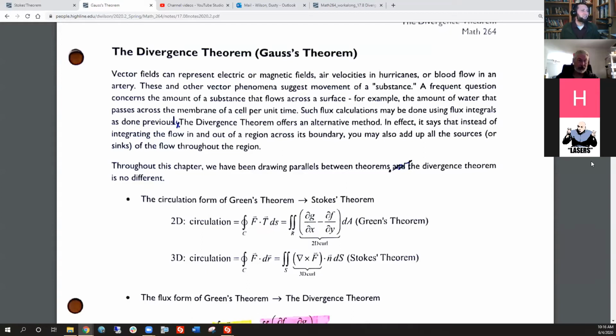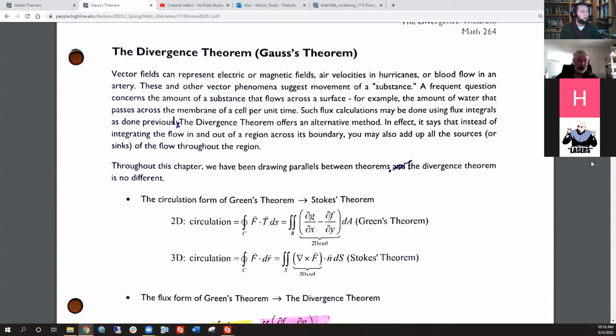So vector fields, which we've been studying, can represent electric or magnetic fields, air velocities, and hurricanes. We just saw a video about the film Twister from back in the 90s.